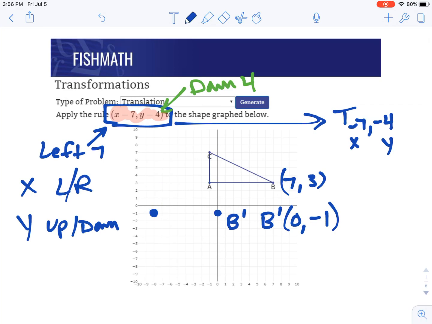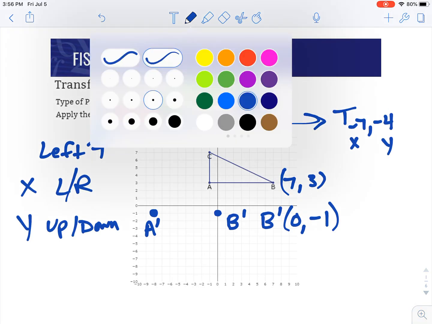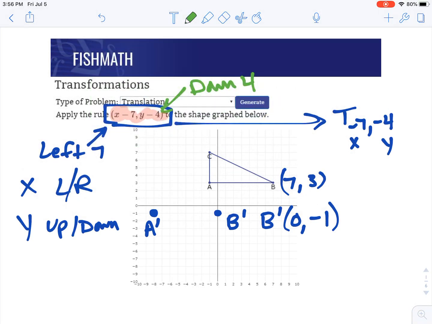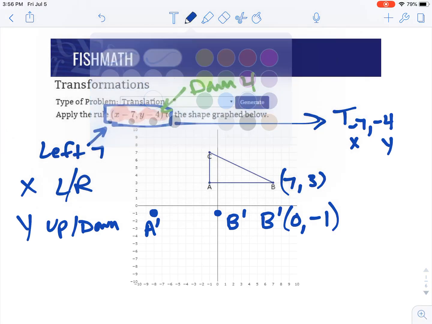That would be the new points for A, which we're going to call A prime to show that it's a new position of A. And again, it's just counting out the distances here that we moved. So that should be 7 over to the left, and then 4 going down, which is why that's the new location, A prime.